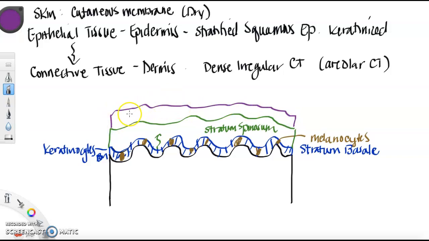Then they move up into the next layer, and this layer is called the stratum granulosum. In the stratum granulosum, the cells are starting to fill with keratin, forming these granules of keratin, and they start to secrete little lipids.